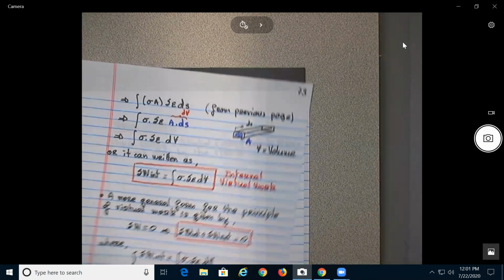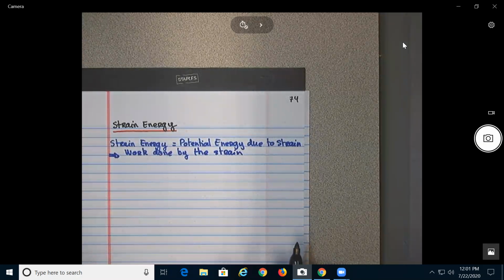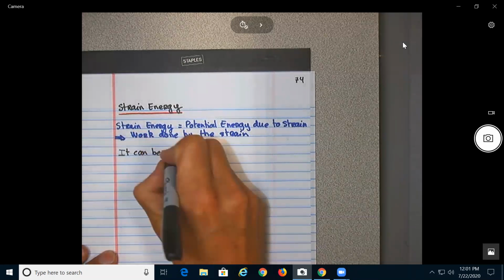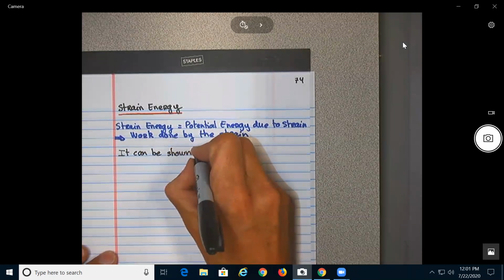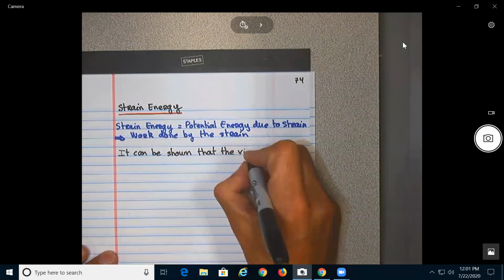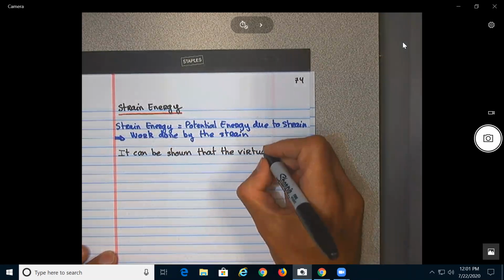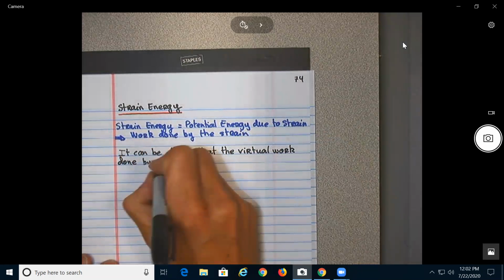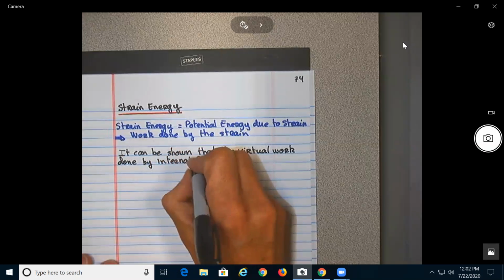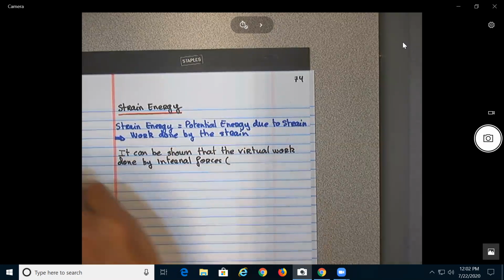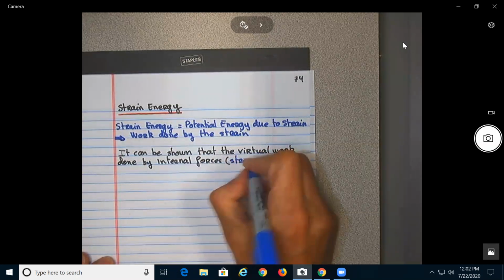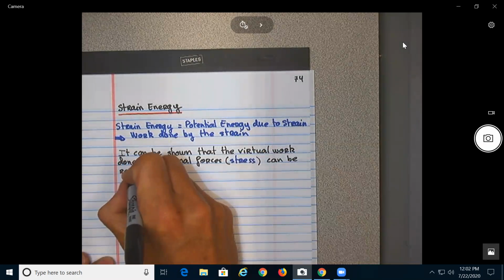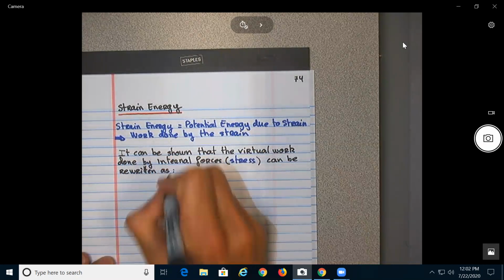Force times deformation, okay? All right, so I'm not going to do the derivation, even though it's pretty simple, because I don't think it's going to add anything, but it can be shown that the virtual work done by internal forces, which in our case will be the stress, can be rewritten as the following.